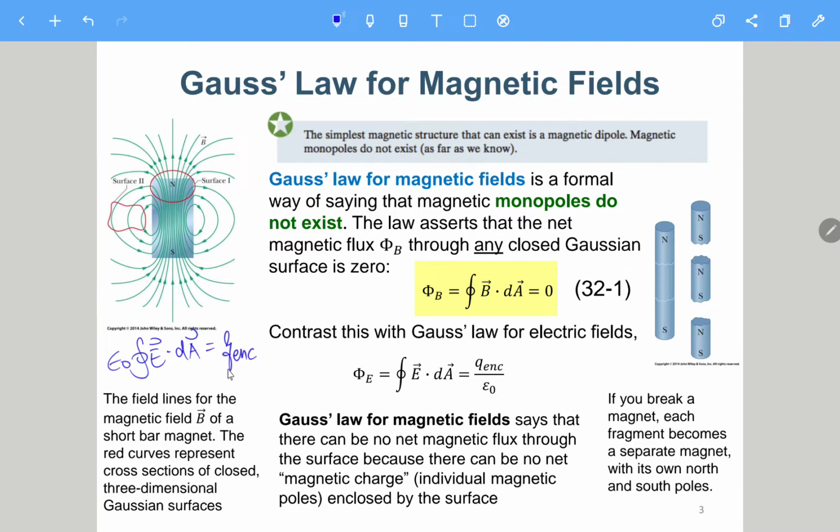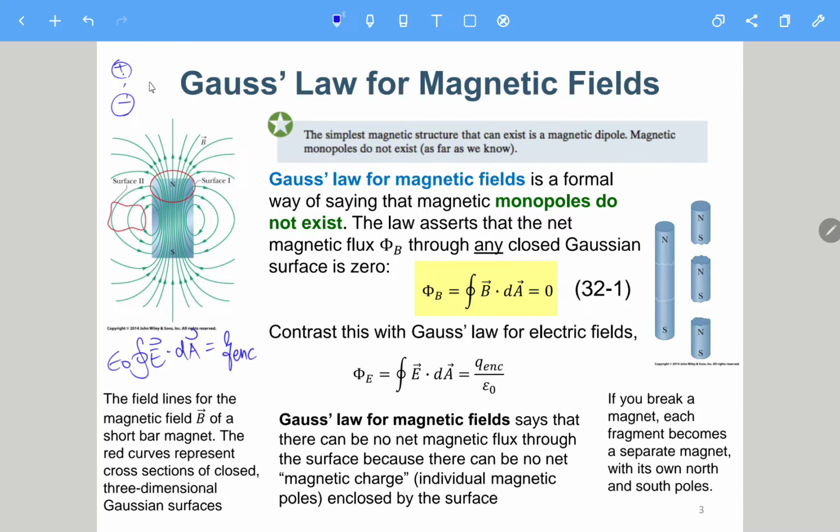But here we can't have a magnetic monopole. So in this case, on the right side, rather than having Q enclosed, we would have a magnetic monopole. For a dipole, when you consider the total of the dipole, it will be 0, similar to what we consider for an electric dipole.